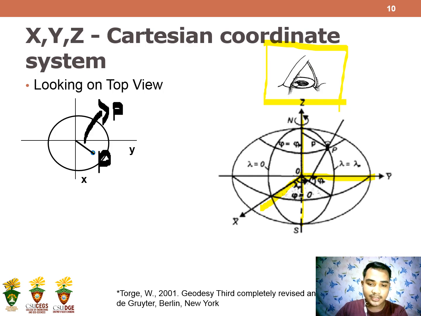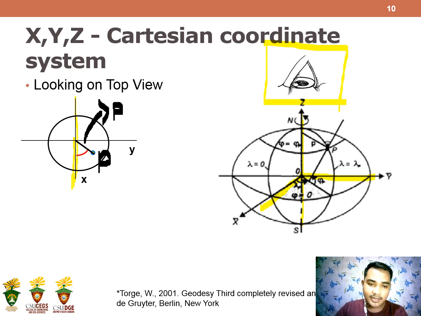So let us consider from this figure, this axis is the x-axis, so that is where the zero meridian or the prime meridian starts.